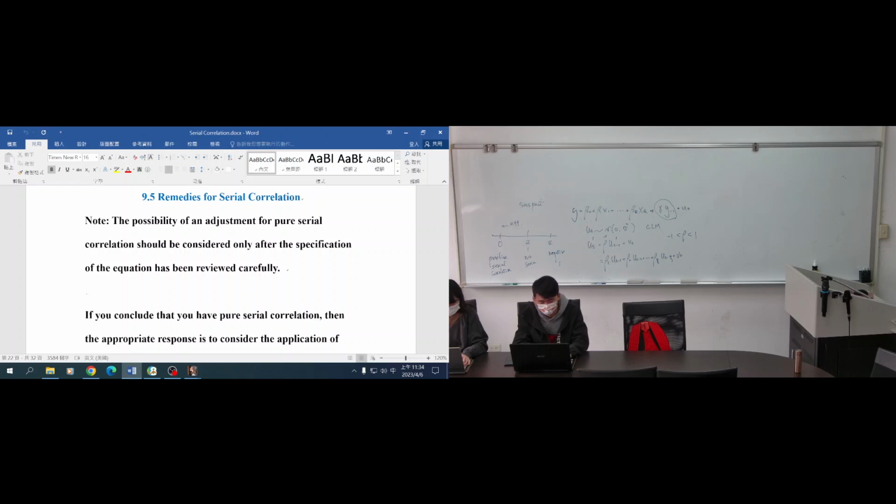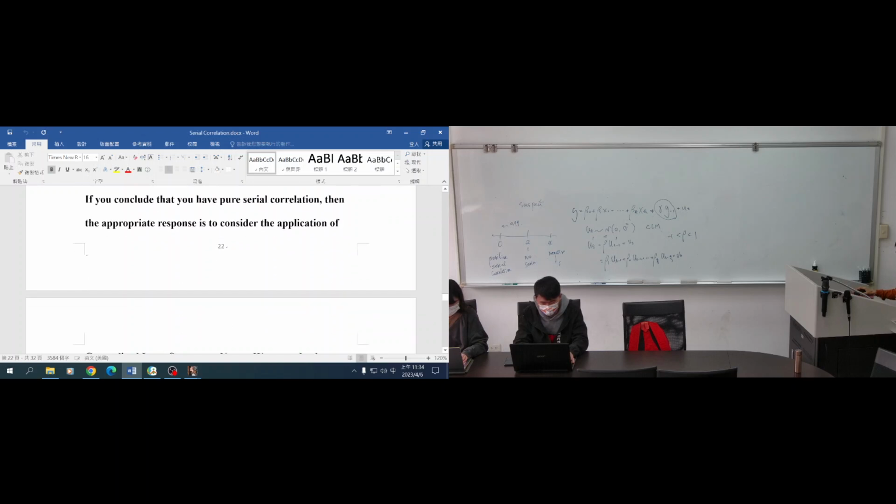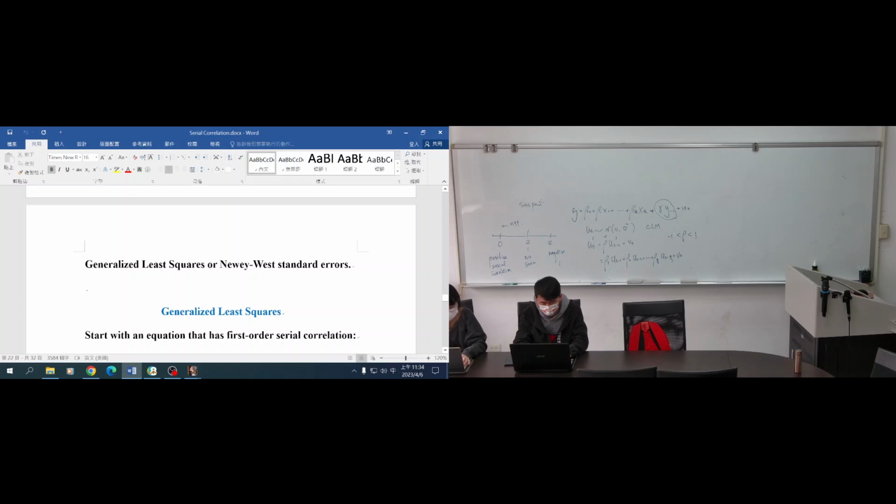So we want to get rid of these two problems and work with pure serial correlation. If you conclude that you have pure serial correlation, then the appropriate response is to consider generalized least squares methods, or Newey-West standard errors. There are two ways to do it.